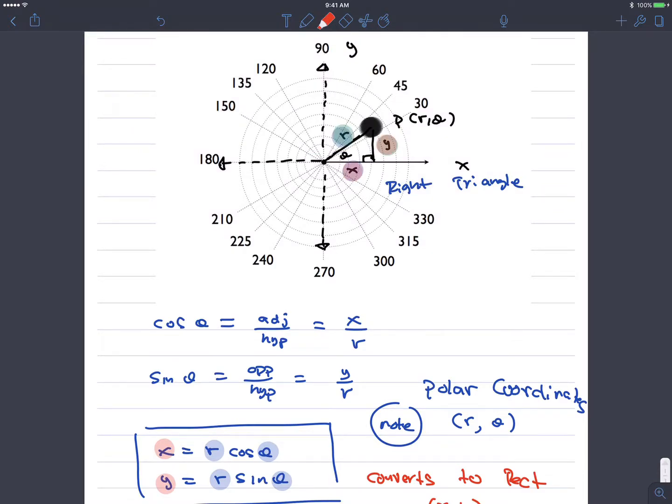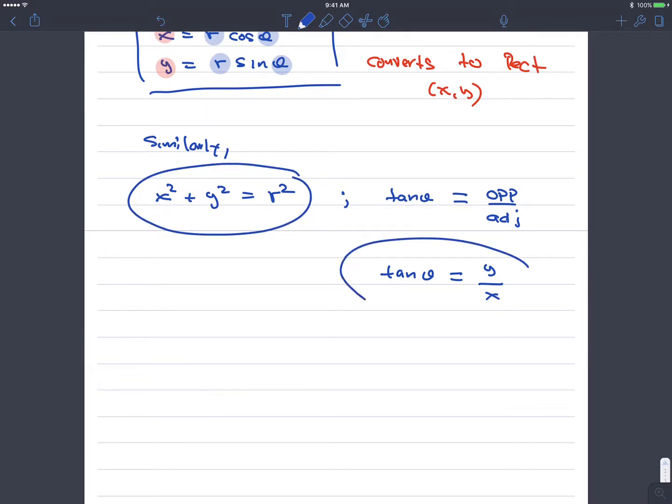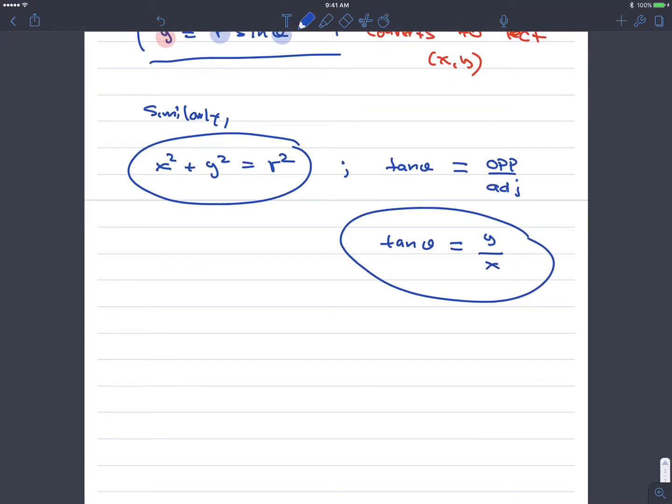Y over what? X for this tangent of theta. So we're going to generate that equation too, and this gives us y over x. These two. We're going to also use. Now you might say, how are we going to use those? Well, we're going to use it this way. Let's note.